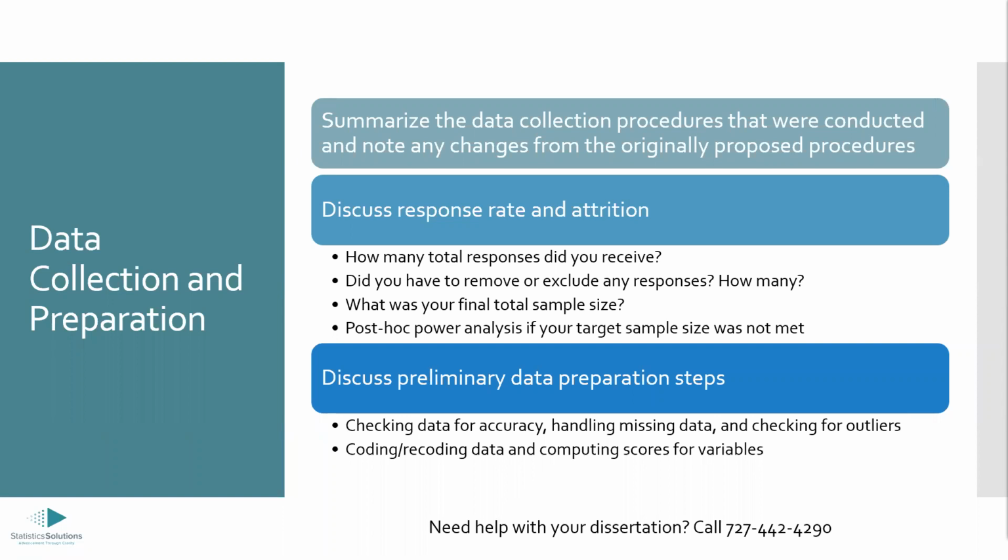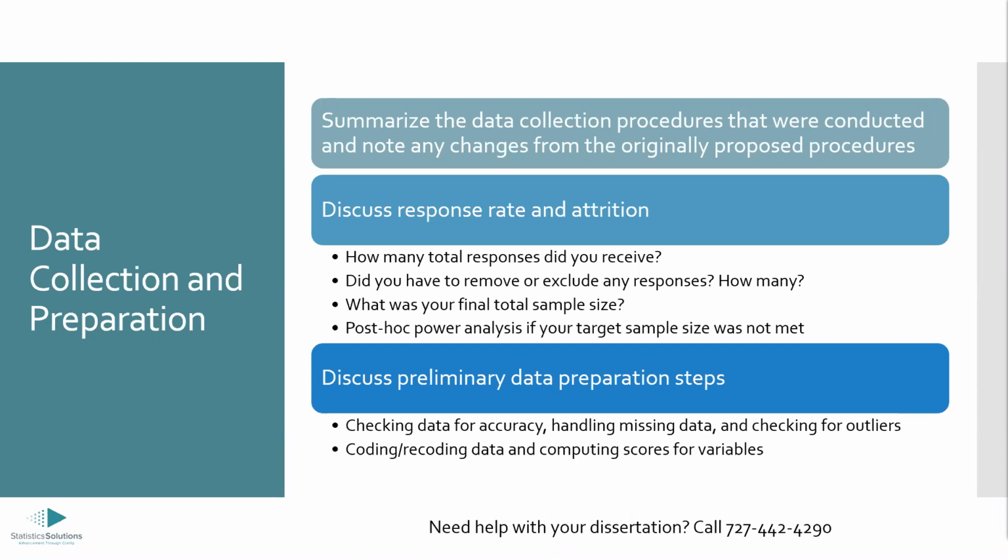You don't have to restate all of the details about the data collection procedures from your chapter 3. You may want to summarize that down into just a couple of sentences, but you do want to reorient your reader to how exactly the data were collected, and more precisely what you actually did to collect the data in your study.